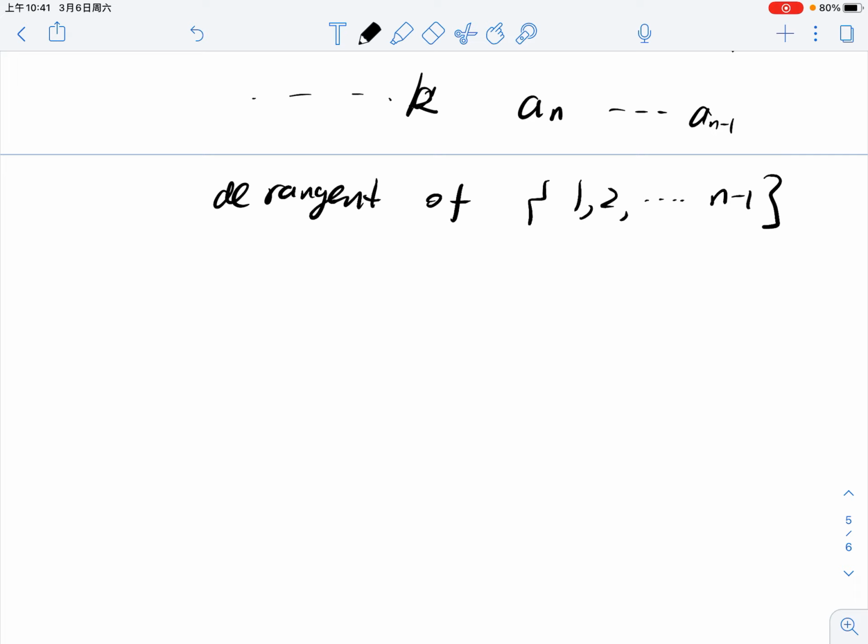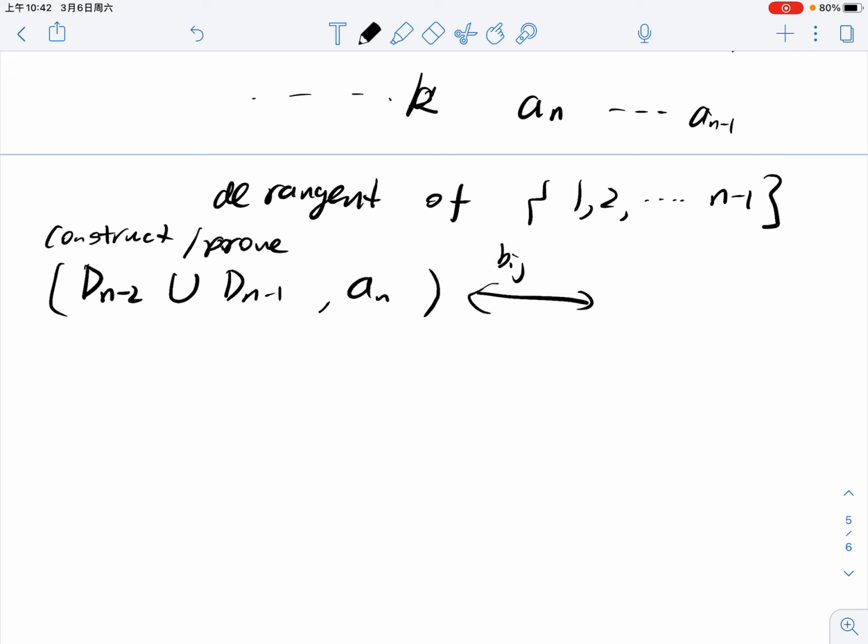You can also compute the number, and if you want a rigorous proof, then you still need to do the following step to construct or prove the following is a bijection of derangements.